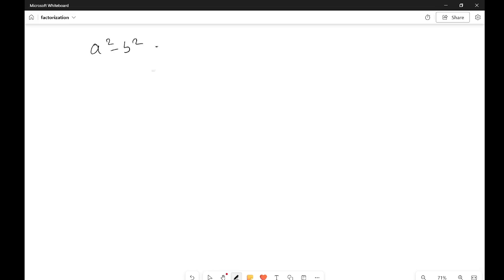This formula is a minus b and the second bracket a plus b. This is a very common formula and it will be used at multiple places. a square minus b square is equal to a minus b into a plus b.